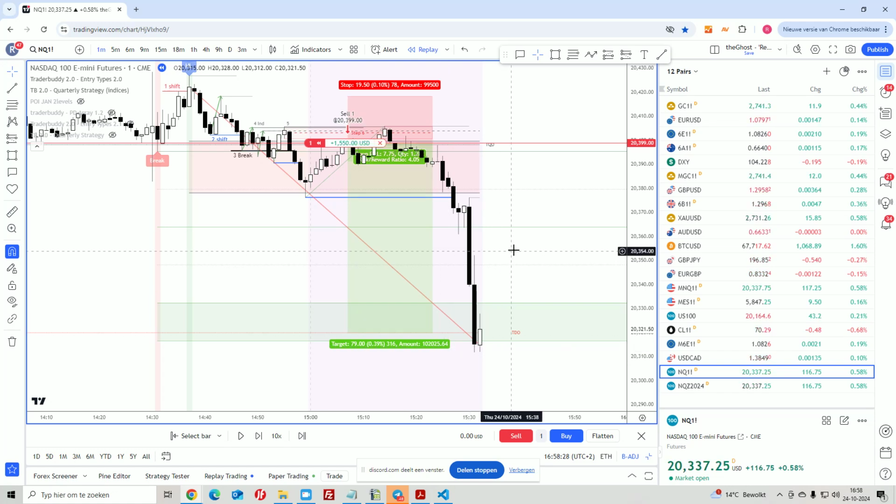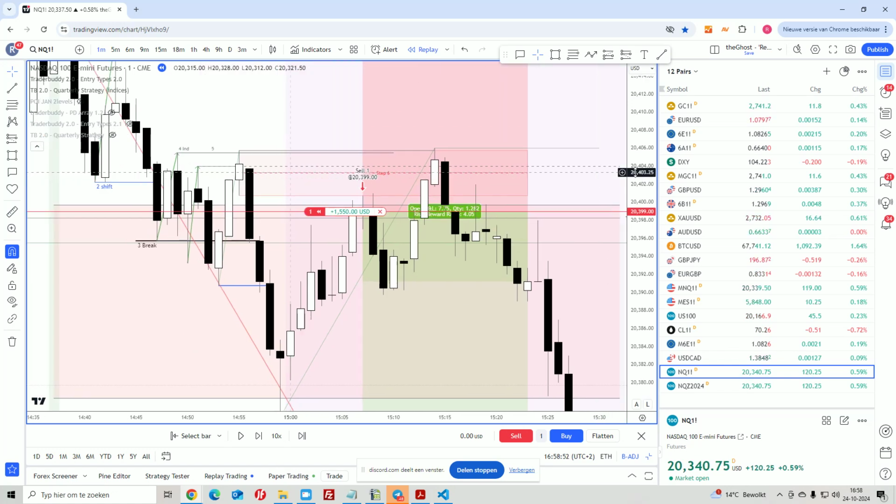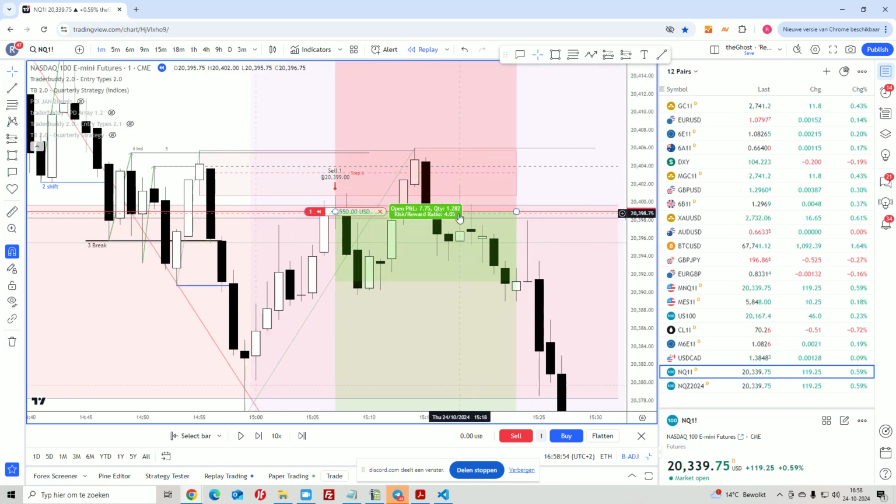$2,025 gain, because if I do 1550, let's do that. Just a sec, because I'm not very good in math doing in my head. 1550 times 1.2, what was the lot size? 1.282.